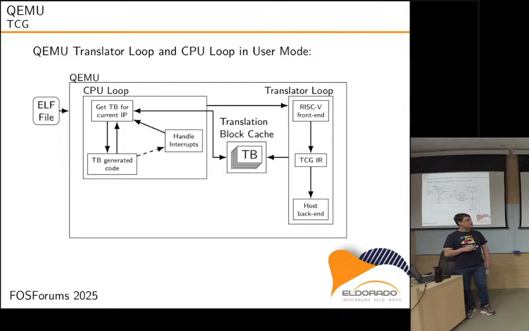If the current instruction is not translated, the CPU loop will call the translator loop, where you have the front end that will decode the instructions, emit the intermediate representation, and compile the instructions for the host architecture. This translation will be cached, so the next time that the CPU executes the same instruction, the code is already done, and you don't need to execute the translation again.